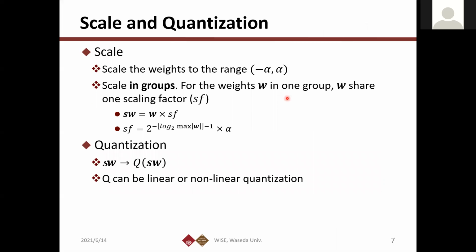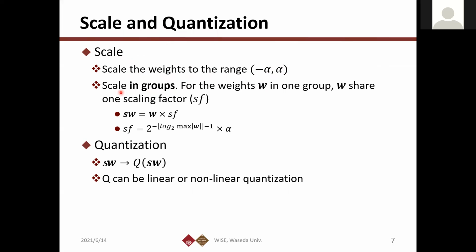Before introducing this scheme, we will introduce how to do the scaling and quantization. Scaling here means that we scale the weights to a certain range, from minus alpha to plus alpha.